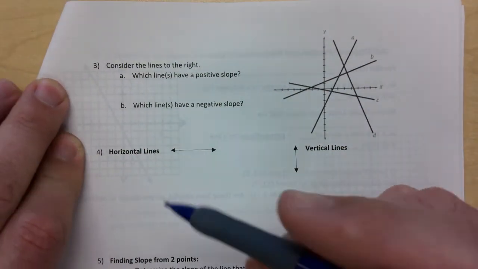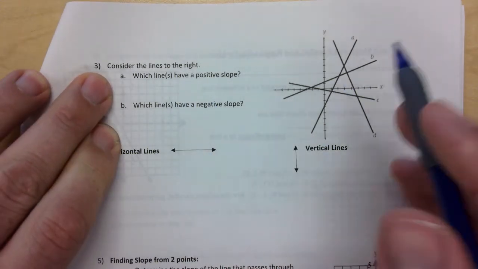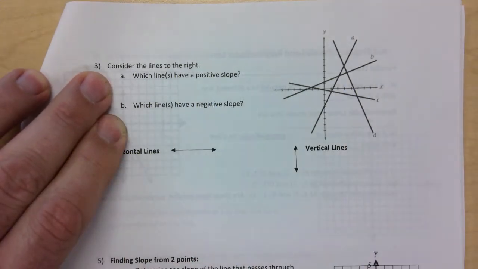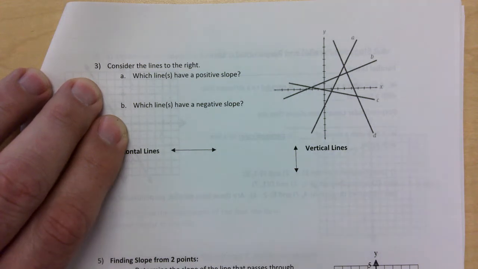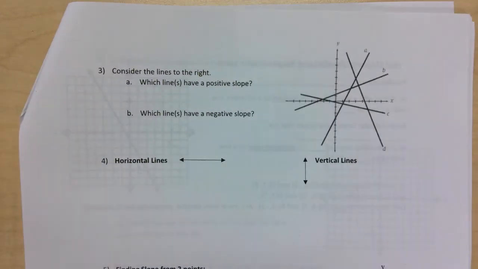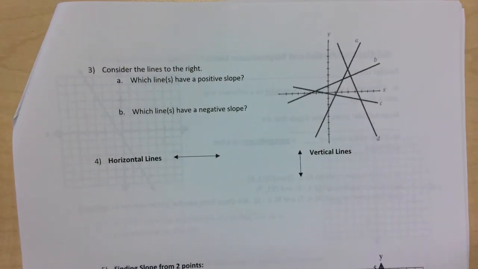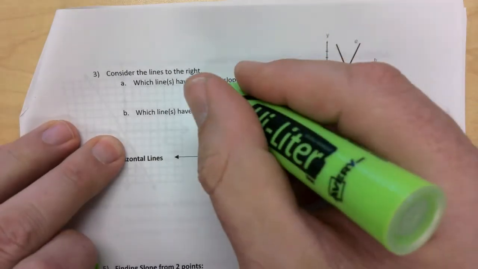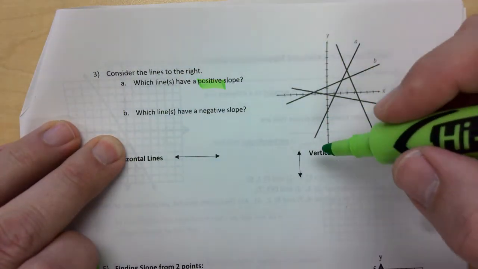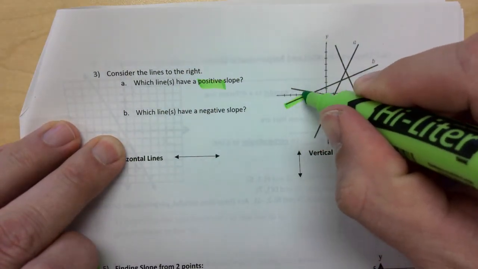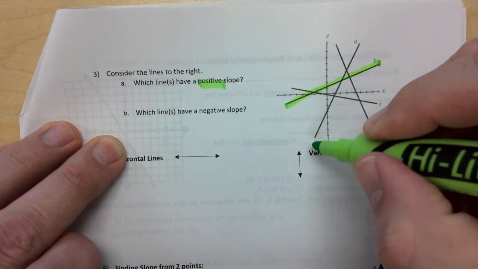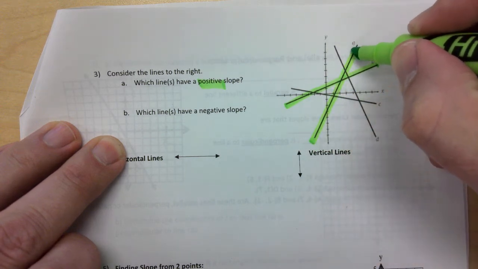Consider the lines to the right. Which line or lines have positive slopes and which ones have negative slopes? Maybe pause here and see if you can already figure it out. Okay, so positive slopes, I'm going to identify from left to right. This one is positive. This one is positive.